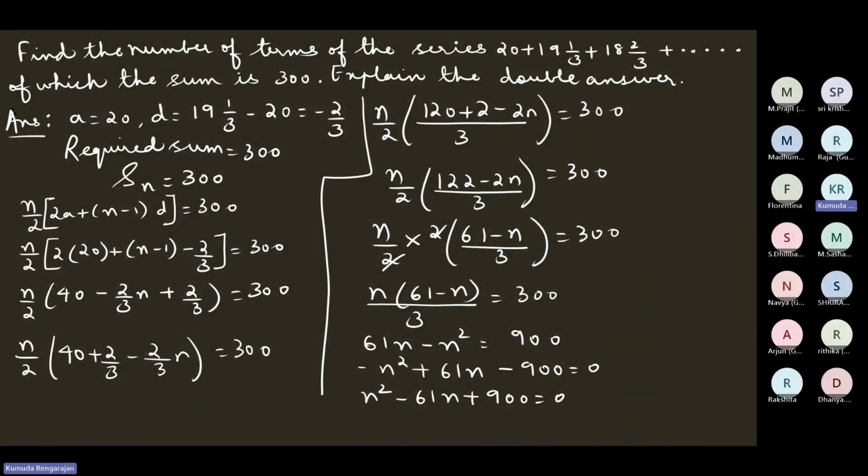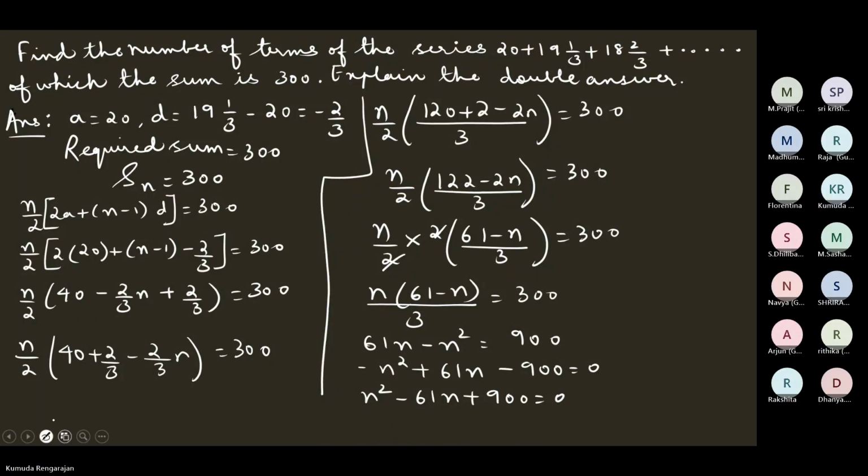Mom, I got the two values of n as 25 and 36. Shashank? No, Mom, Ritika. Okay, sorry, Ritika, I didn't see your name. Good, Ritika. 25 and 36, is it?